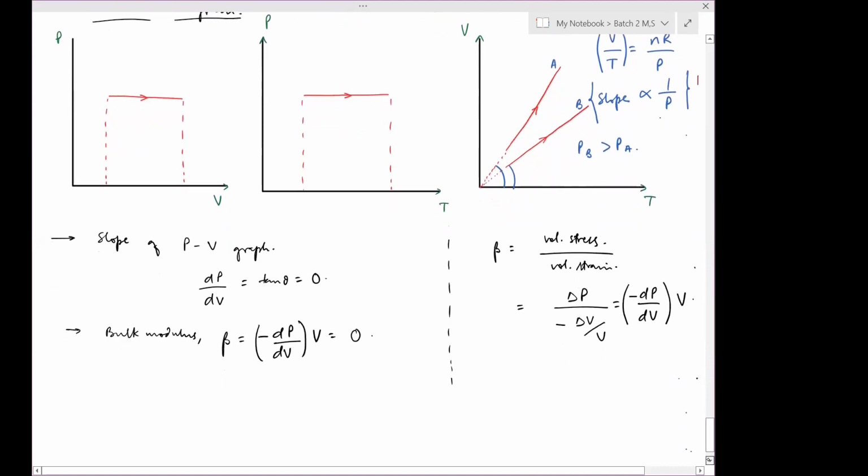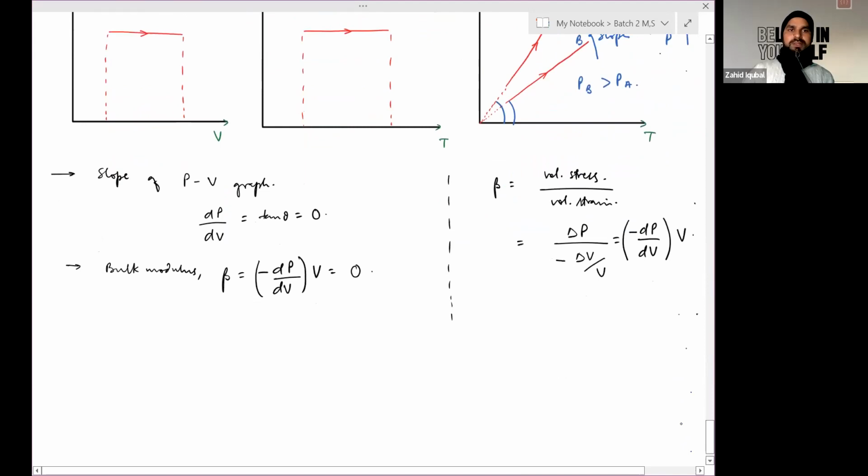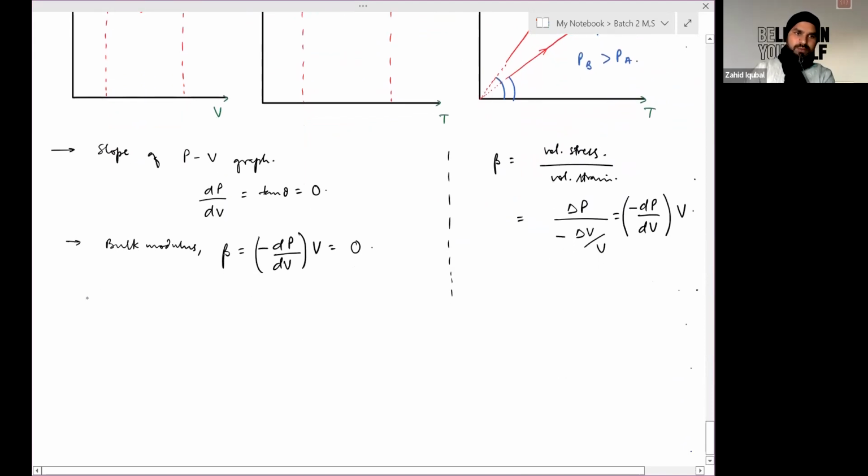Now, the next thing we have to calculate related to this curve is work done. Work done is simply the area under the pressure versus volume graph. In this part, pressure is constant and volume is changing from some initial value to some final volume. So it will be V final minus V initial.